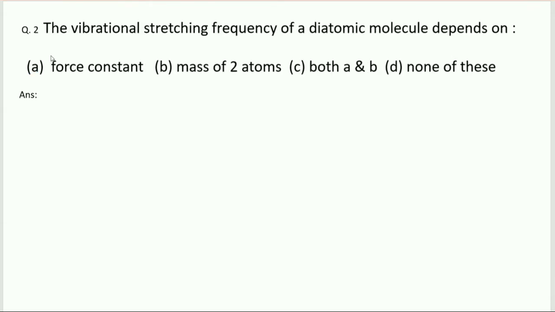Now the second question is, the vibrational stretching frequency of a diatomic molecule depends upon force constant, mass of two atoms, both A and B, or none of these.